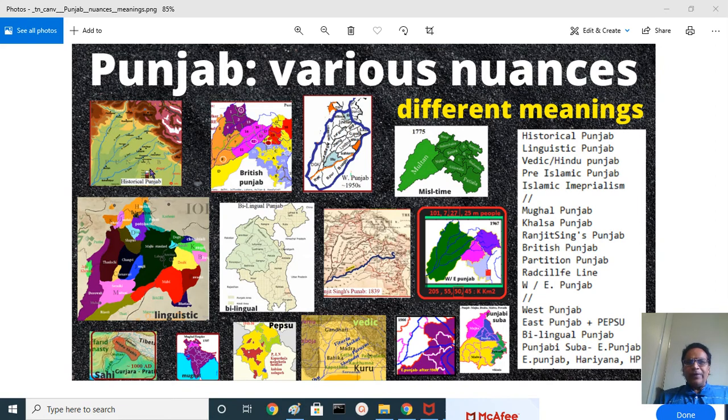Suppose a person lives in Lahore or Faisalabad or Rawalpindi and Islamabad or Mithankot or Multan in Paschim Punjab, or lives in Jalandhar, Ludhiana, Chandigarh or Gurdaspur in East Punjab, or even lives in Gurgaon or Hisar or Rohtak or Kangra or Chamba and Kullu, Punjab means different things for different people.